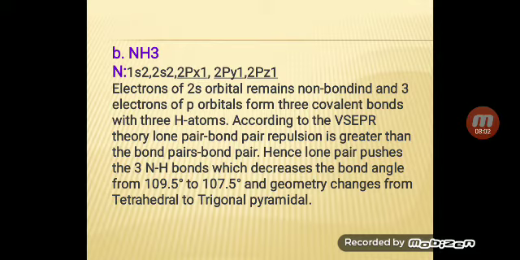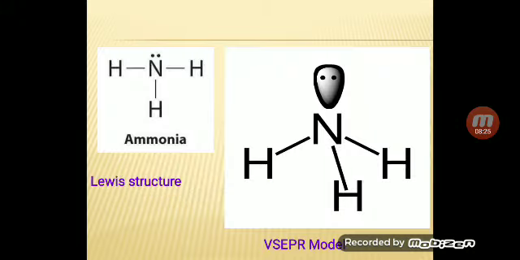So according to valence shell electron pair repulsion theory, lone pair bond pair repulsion is greater than bond pair repulsion. Hence, the lone pair pushes the 3 nitrogen hydrogen bonds, which decreases the bond angle from 109.5 degrees to 107.5 degrees. And the geometry also changes from tetrahedral to triangular pyramidal structure.